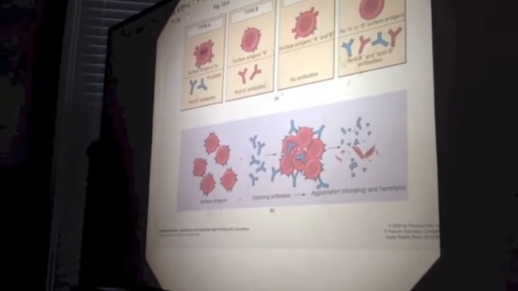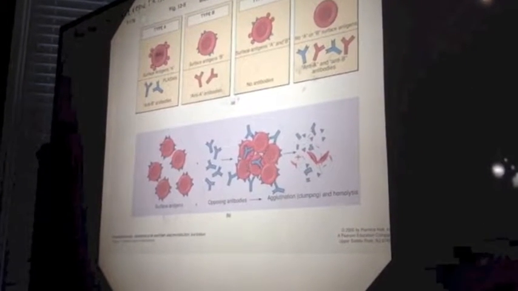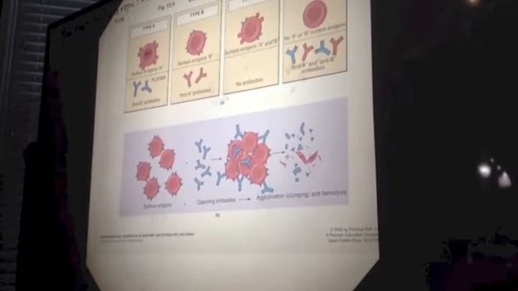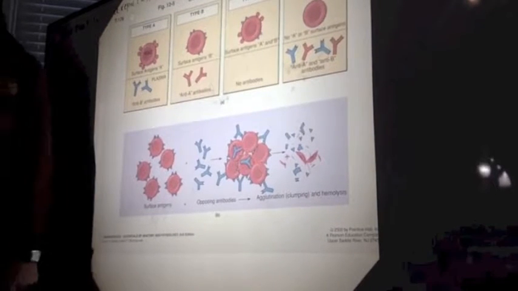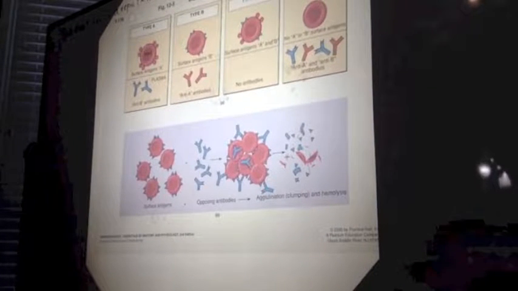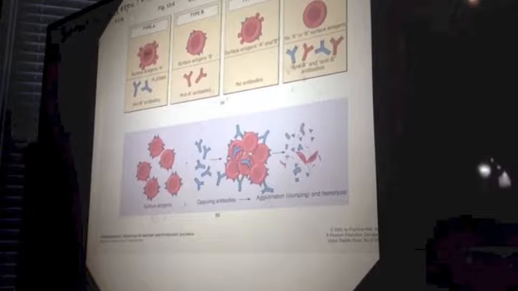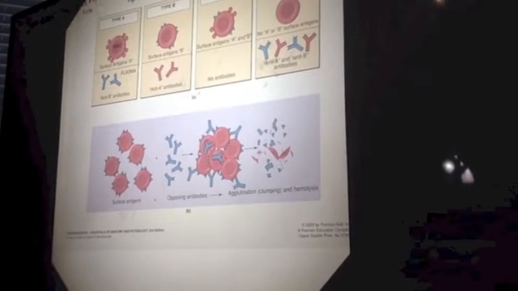The real name for the flags on the outside of blood cells is an antigen, or a surface antigen. Now, if they stopped with that, it wouldn't be too bad.